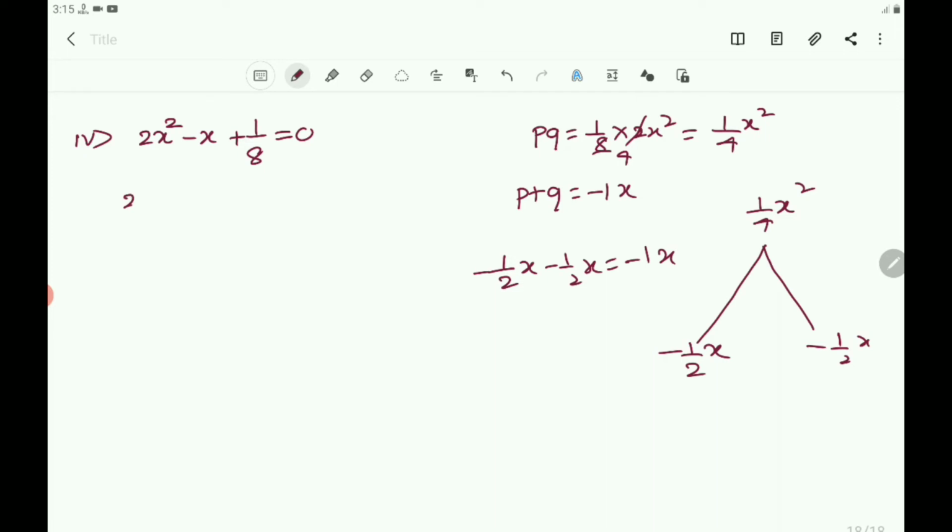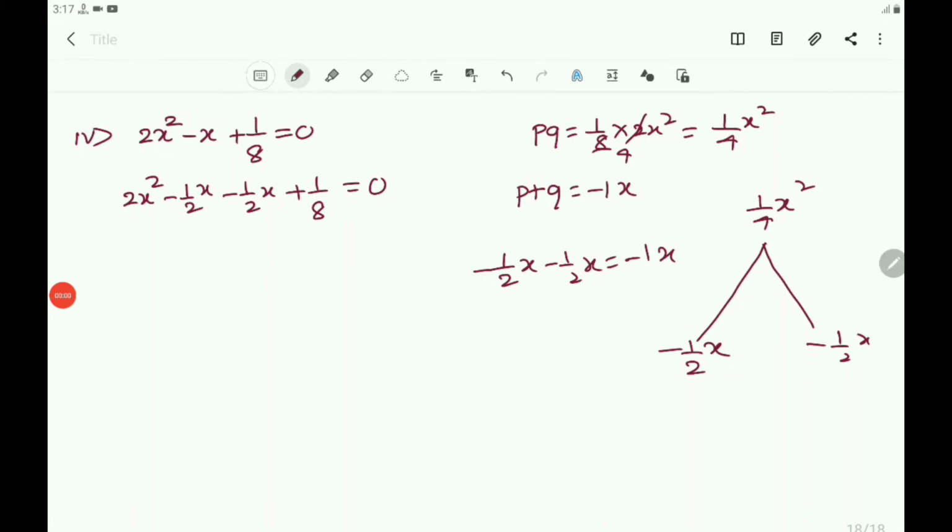So you write 2x square minus 1 by 2x minus 1 by 2x plus 1 by 8 equals 0. Now in the first group 2x square minus 1 by 2x, if you remove 2 as a common and x here common, in the bracket you will get first term x minus, here you know that 1 by 2 means 2 by 4 is 1 by 2.